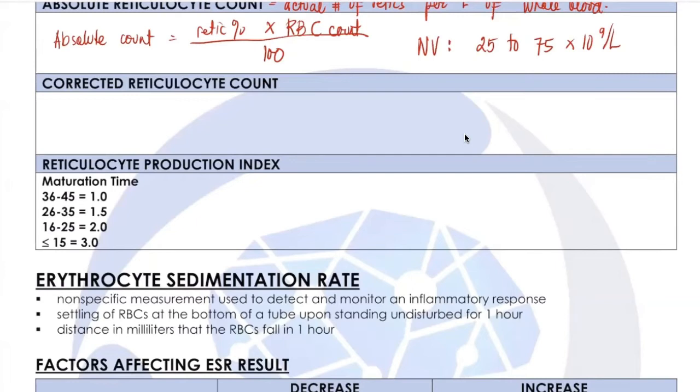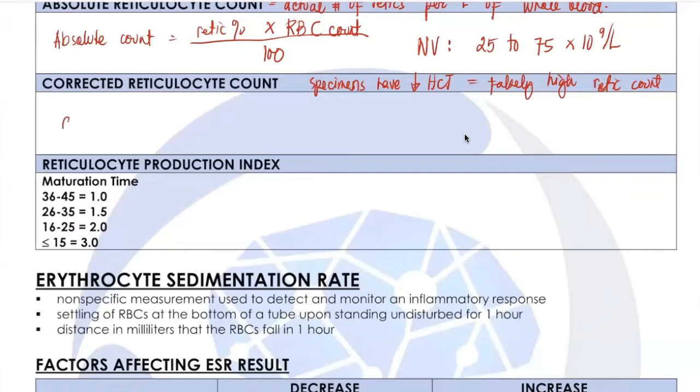So it's really possible that if the specimens have decreased hematocrit, it could result in a falsely high reticulocyte count. I'm referring to the relative one. And thus, pag mababa yung hematocrit, we have to perform the corrected reticulocyte count.